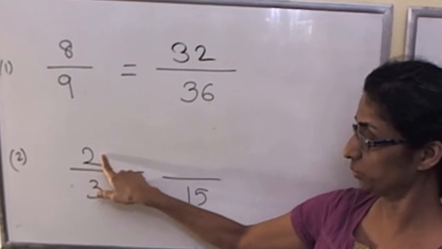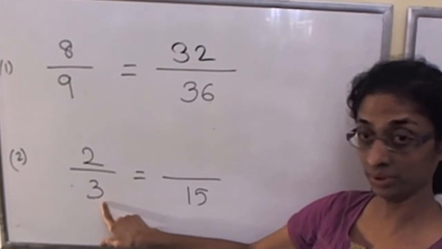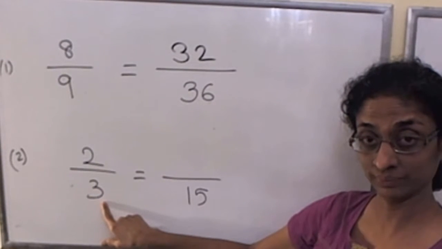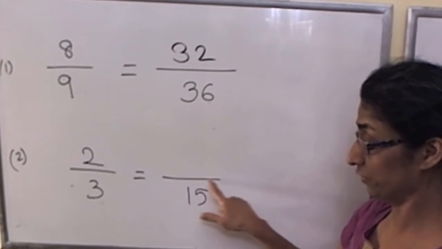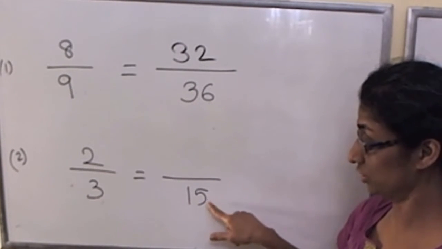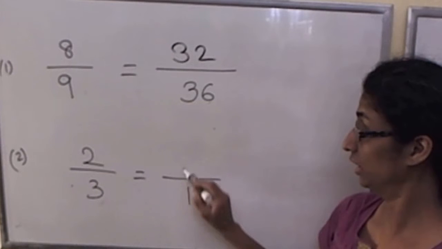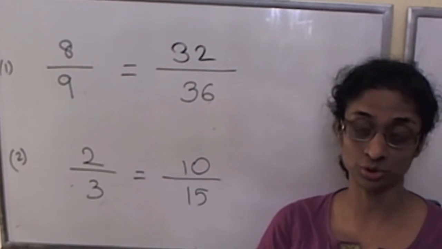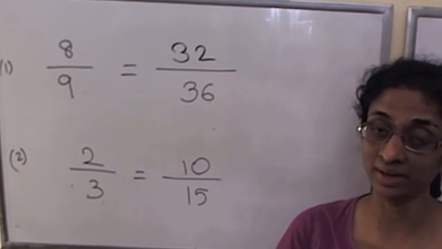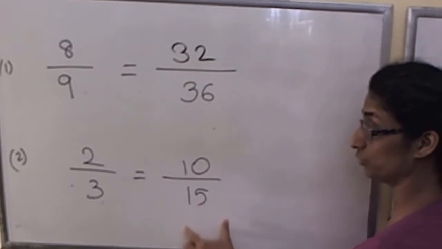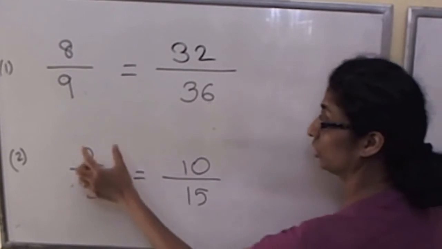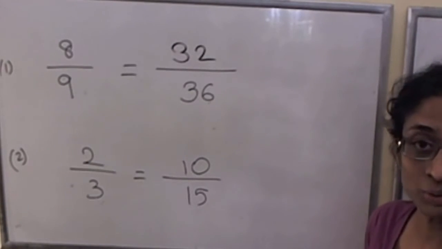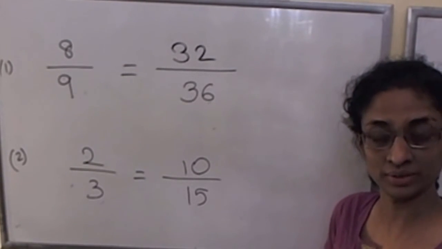So if we were to multiply numerator and denominator by 5, then we would definitely get a second fraction with 15 in the denominator, and numerator would be 10. And the fundamental fact about equivalent fractions will guarantee us that 10 over 15 is exactly equal to 2 over 3. Now you might ask, why would we want to do that?